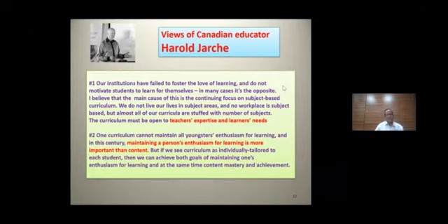And if you look at the Canadian educator, Jarche, he is one of the leading persons as far as education is concerned. The world and almost all the universities are using the papers written by Jarche, and he has clearly come out with certain suggestions. Because teachers' expertise and learners' need must decide the curriculum.